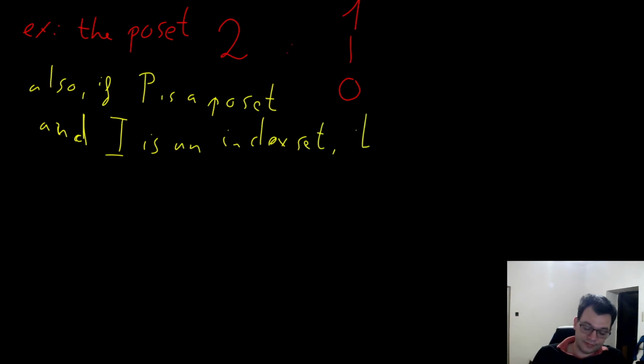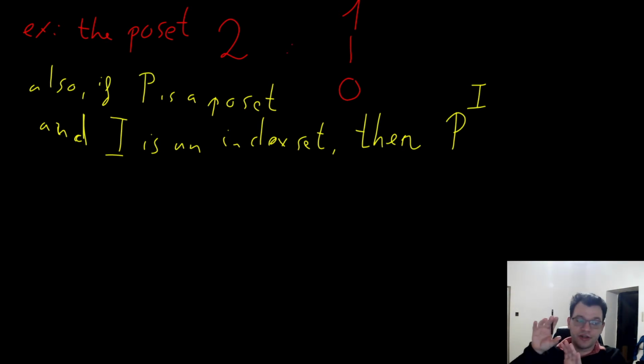then P to the I. This is how it's called. So I have a poset and the set. I can write something which resembles an exponentiation, the poset being the base of the exponential, and the set, the index set, playing as the exponent.